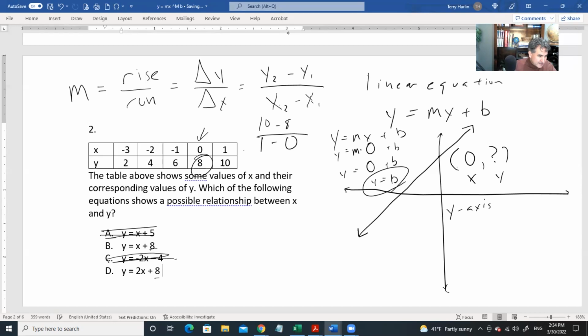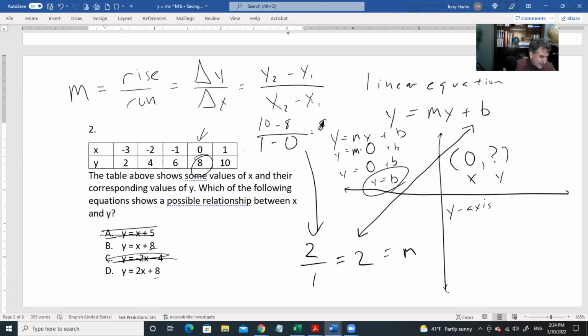So that's going to give us 2 over 1, or a slope of 2.